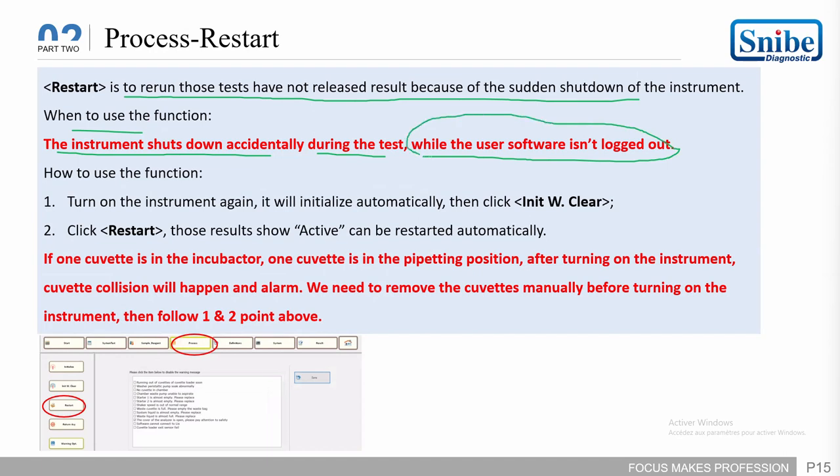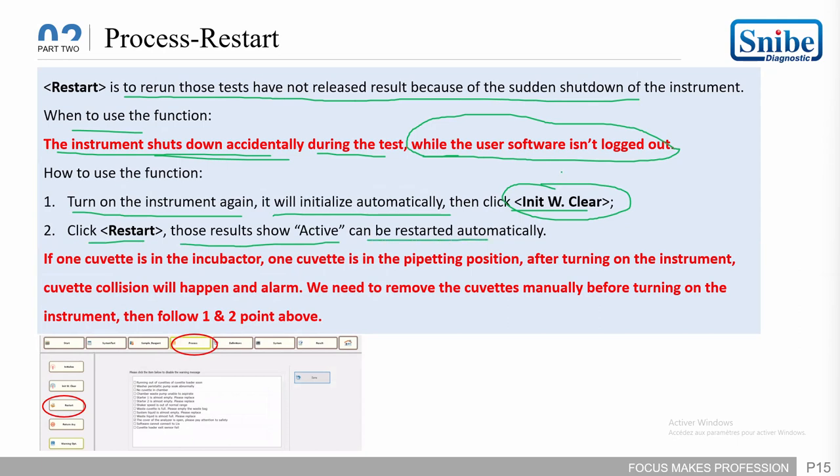So the computer is still on and the user software is still connected. In this situation, after we turn on the instrument again, it will initialize automatically. Then we need to initialize with clear cuvette, you remember? In order to remove any cuvette remaining inside because the analyzer shut down accidentally. After that, we click restart. So those results show active, and can be restarted automatically.